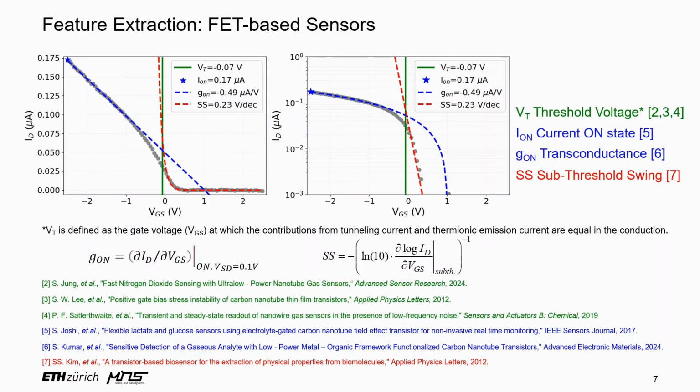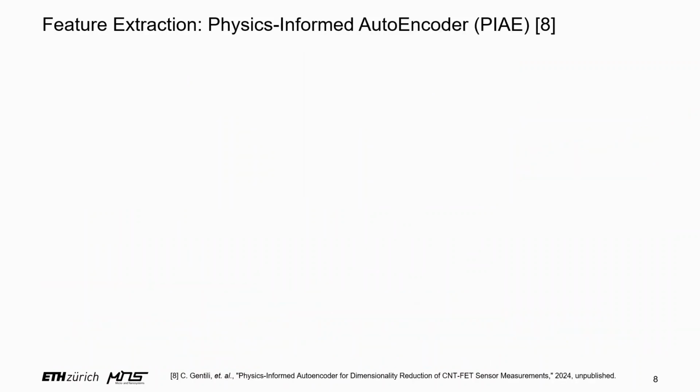However, what we want to do now is not to focus on a single feature, but to extrapolate all of them, in such a way that we can fully capture all the changes happening in the curve. To do this, we recently developed a new feature extraction method that we called physics-informed autoencoder.